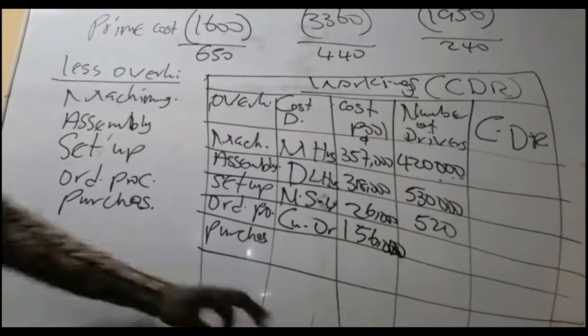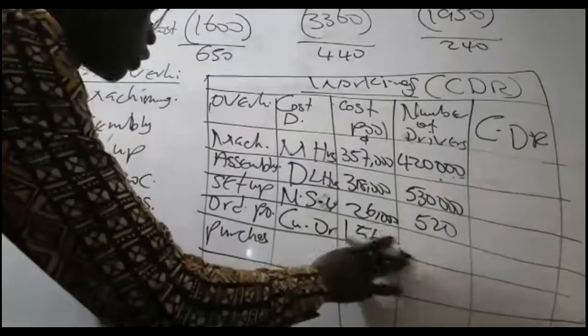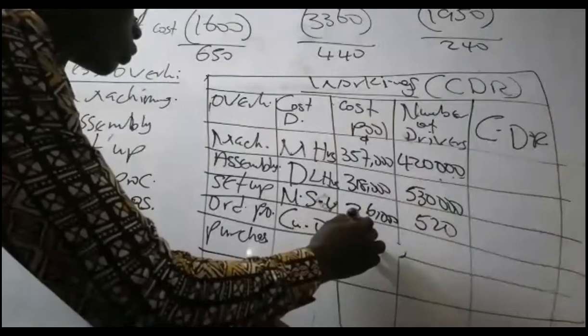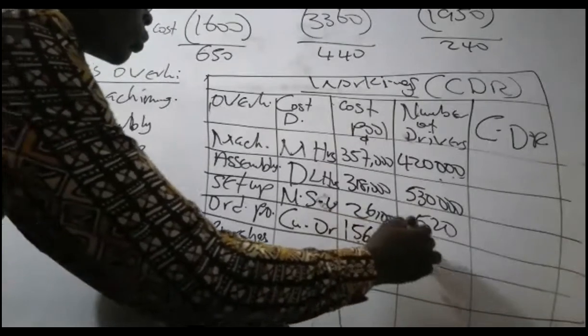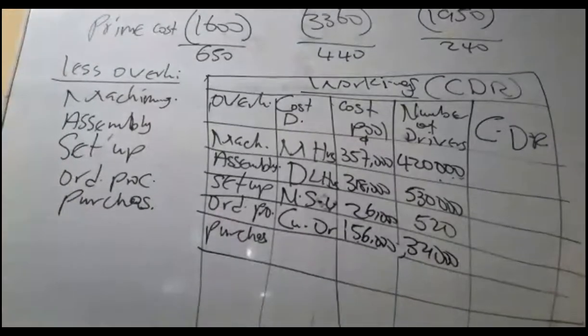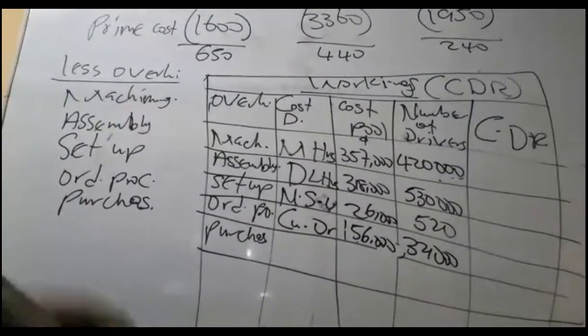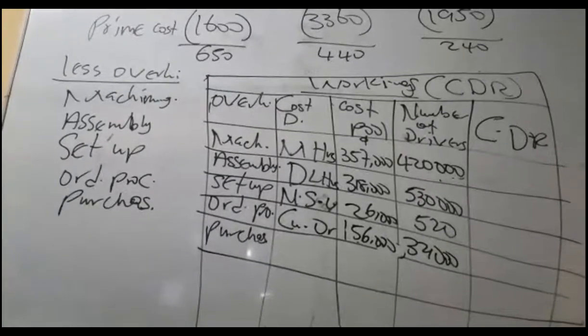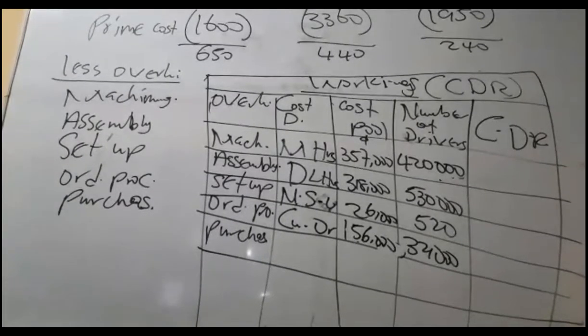And then the number of drivers is 32,000, because 16 plus 16 plus 16, so it became 32,000.